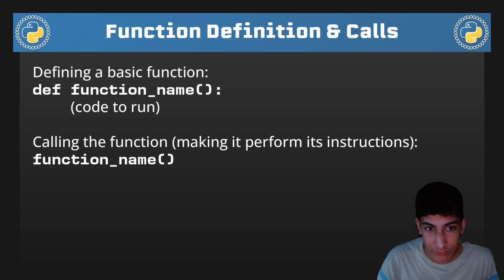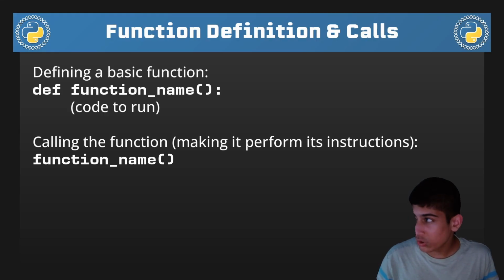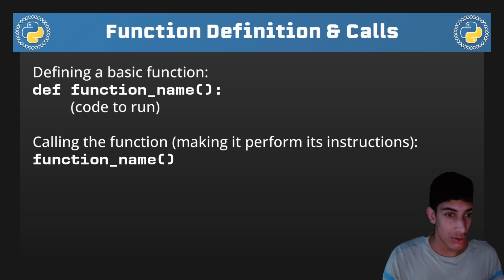In order to define a function, we can make use of the def keyword, and then a space, and then the name of the function. For function names, you can just use the same convention as variable names, which is just snake case, lowercase words separated by underscores, and then a colon.